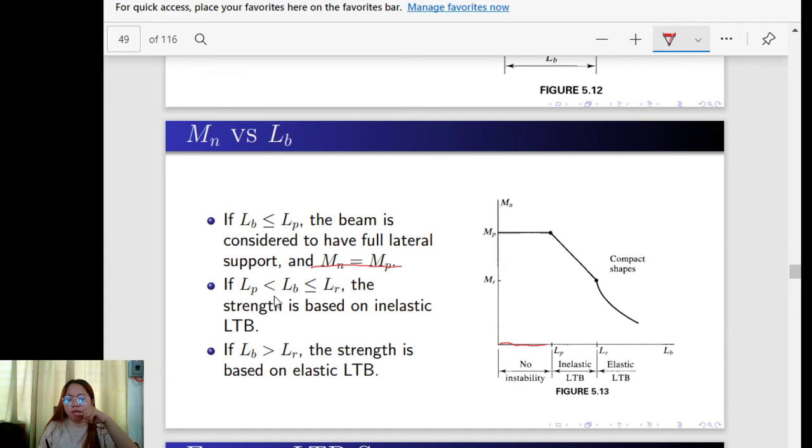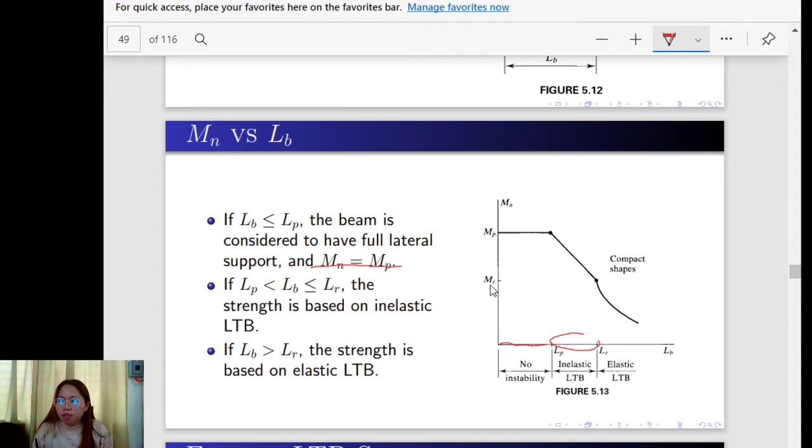If your unbraced length L sub B is in the range between L sub P and L sub R, you are in the inelastic region, and the strength is based on the inelastic lateral torsional buckling.